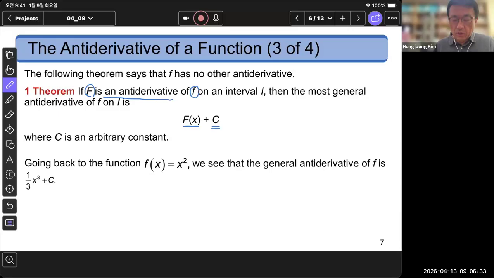So going back to the function x squared, we see that the general antiderivative of f is 1/3 of x cubed plus c.